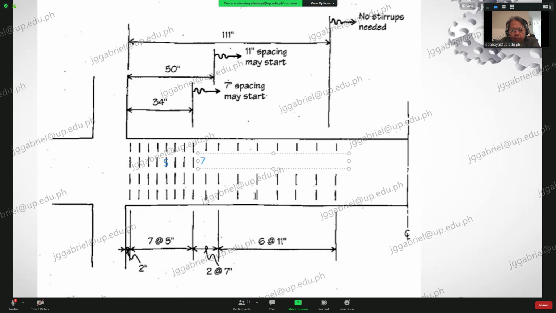Then from here, you have 11. Of course, from here, no stirrups. From here up to the center line, you have no stirrups. Yeah? So, that's how we do it. Any question?